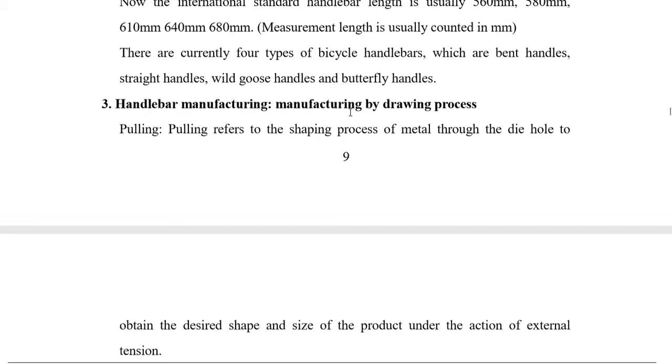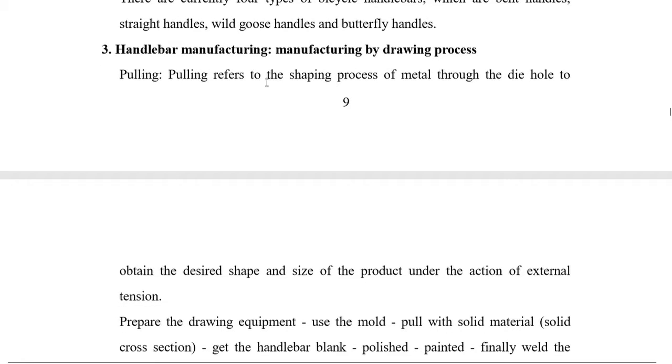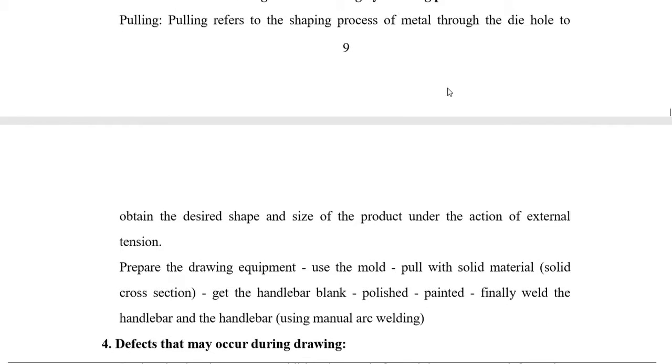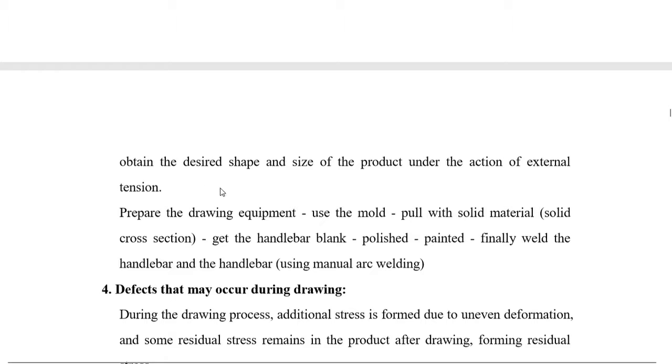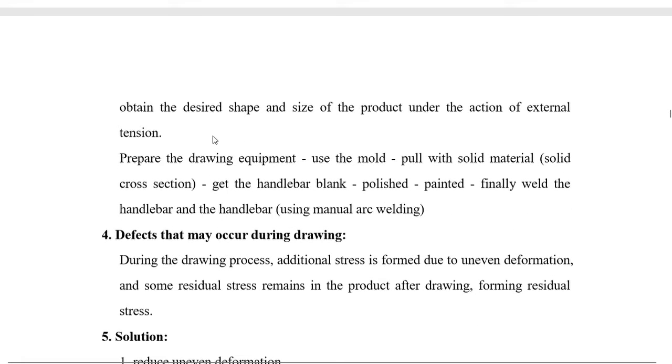We can use the drawing process. The drawing process refers to the shaping of metal through the die to obtain the desired shape and size of the product under the action of external tension.